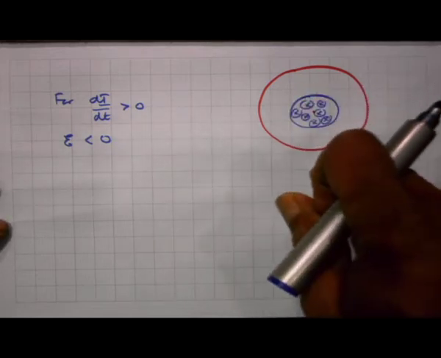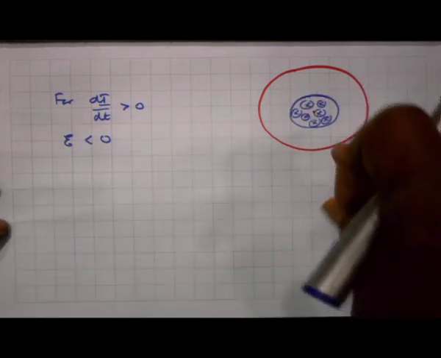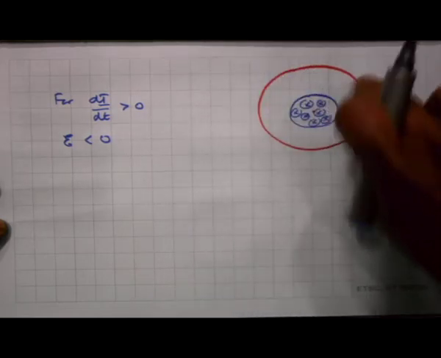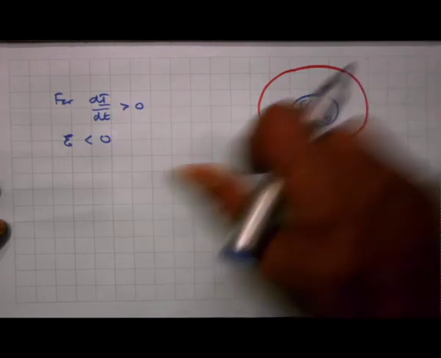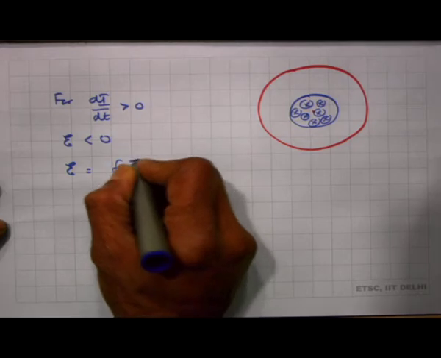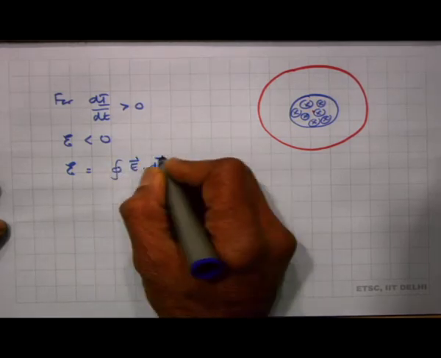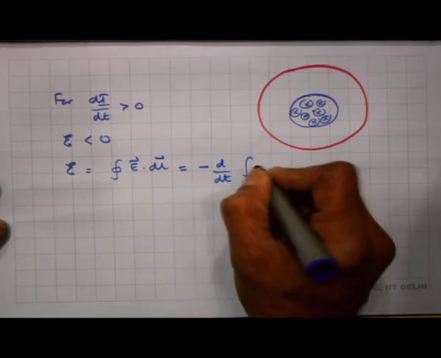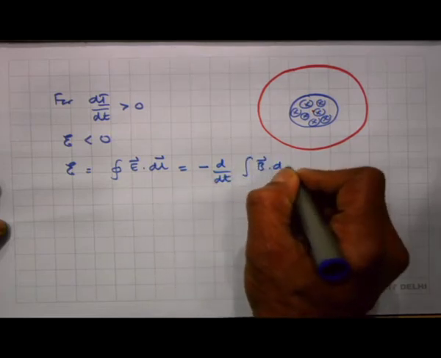So, if I have defined the flux as positive, the integration loop must be in this direction, because the magnetic field is pointing downward. In this equation, EMF is equal to integral E dot dl is equal to minus d by dt of integral B dot dA.